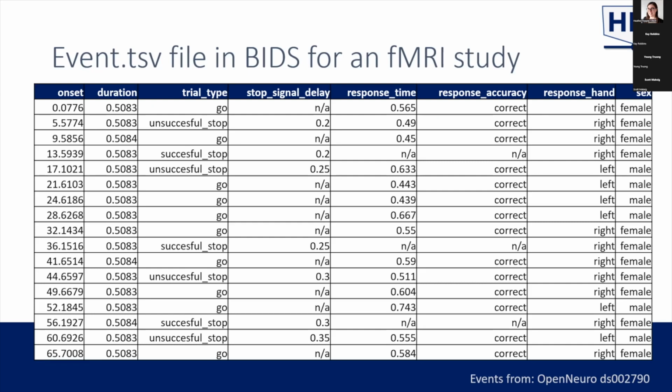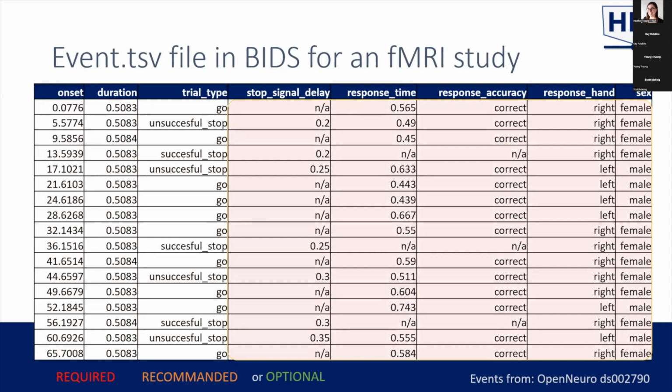Just to give some background on the event files again, the onset and duration columns are required columns within the BIDS standard, but the other columns are either recommended or optional. In this case, the trial type column that has been added to this file is a recommended column in BIDS, and all the other columns are purely optional for the user to add.